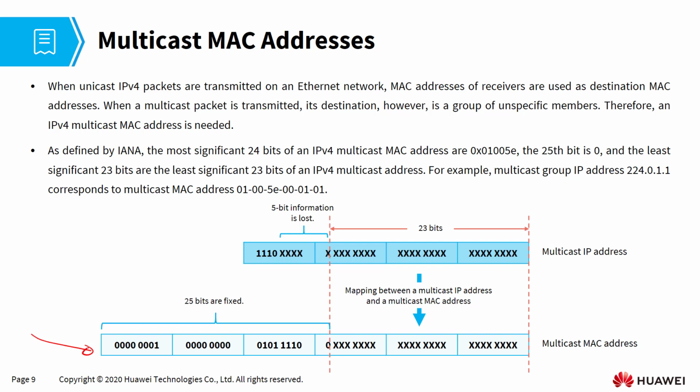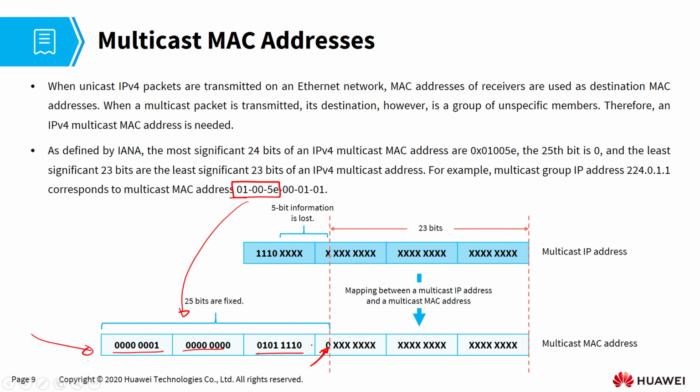This is an example of a multicast MAC address. It has 48 bits. And we are saying the first 24 bits, 8, 8, 8, are exactly these converted to binary. We are saying the 25th, this one right here, is 0. This has been defined by IANA.